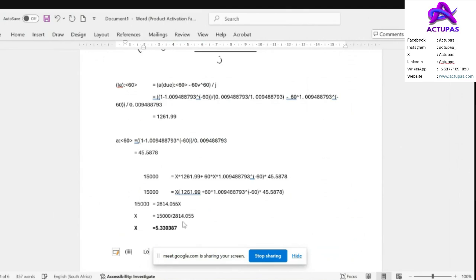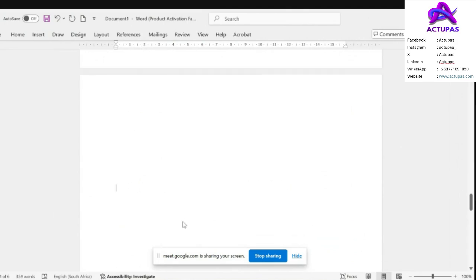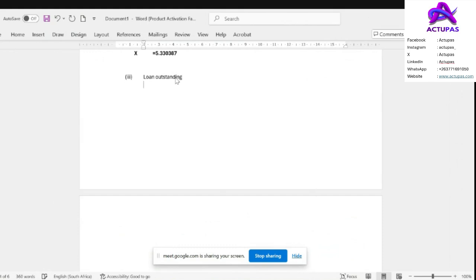So the loan outstanding will be equal to your 15,000, the loan value, and you accumulate it to December 2026, which is after 5 years, using your annual interest rate.